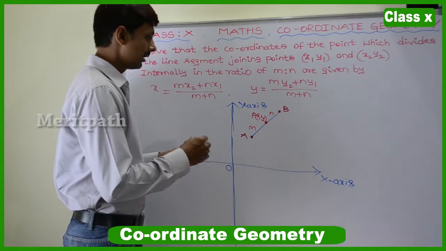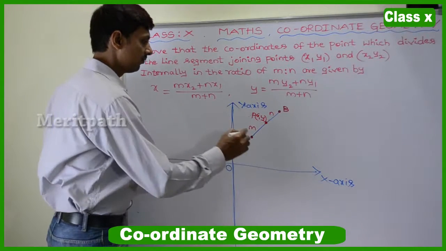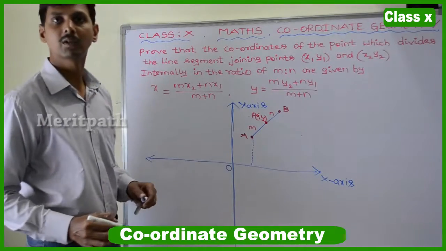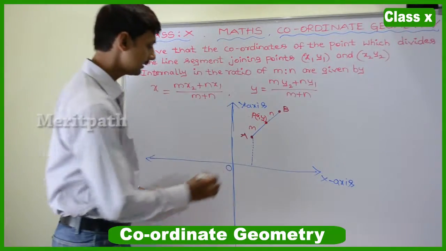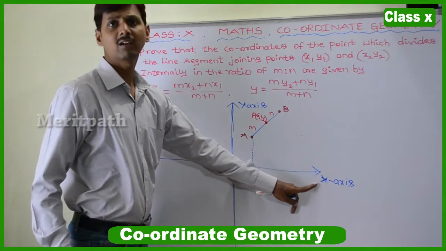In this line segment, we draw from A a perpendicular line to OX. We know that OX is a horizontal line.